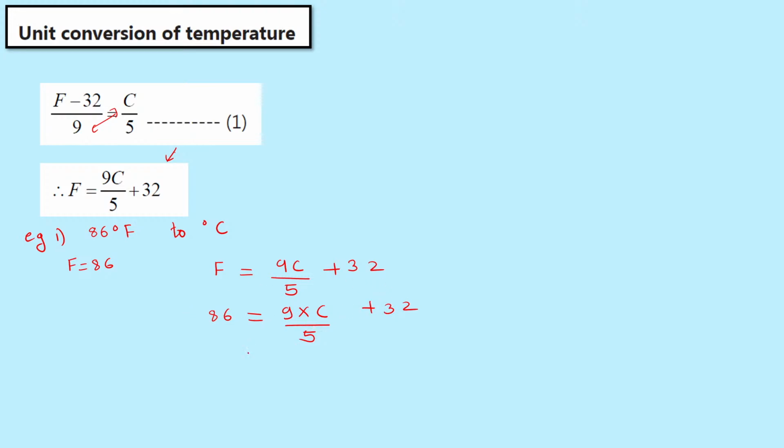When this plus sign goes to the other side, in mathematics you have learned that signs get changed. So 86 minus 32 will be 9 multiplied by C upon 5. How much is 86 minus 32?